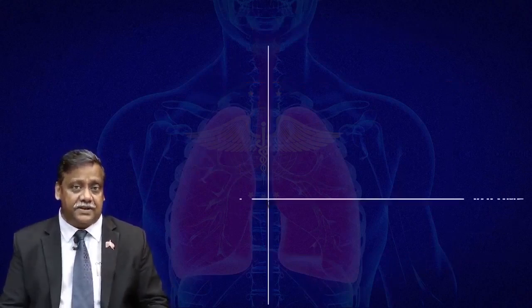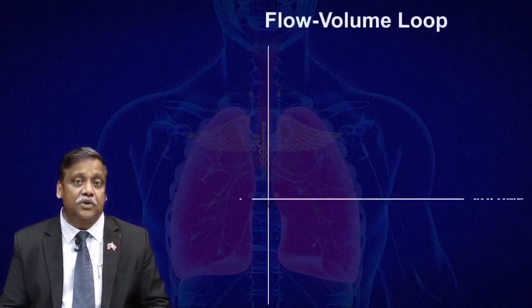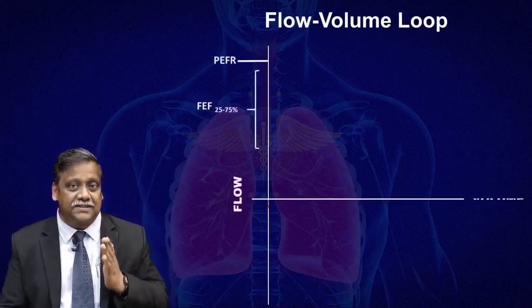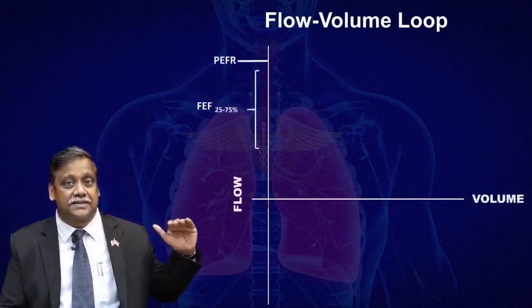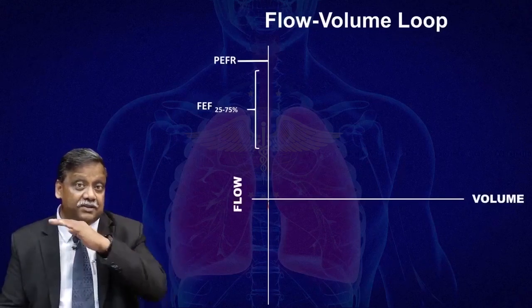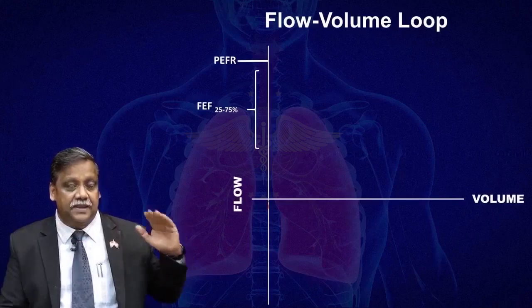The second graph that you get in spirometry is called the flow volume loop. In the flow volume loop, you have the flow on the y-axis and the volume on the x-axis. Remember, in the previous one, the volume was on the y-axis. Here the volume is on the x-axis.